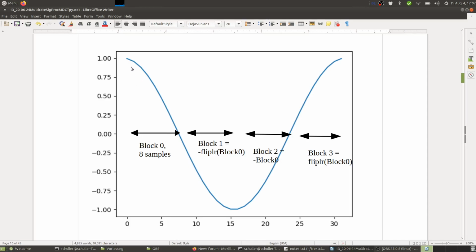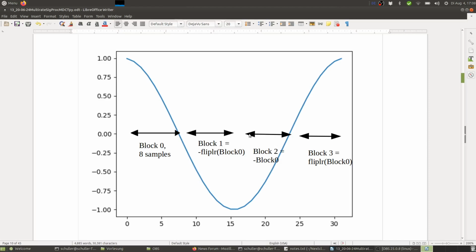So when we take a negative, we have this slope here, and then flipping it over, we get exactly this shape here. So we see that the next block results from taking the values of the first block, flipping the sign and flipping the order. Then we get this block.